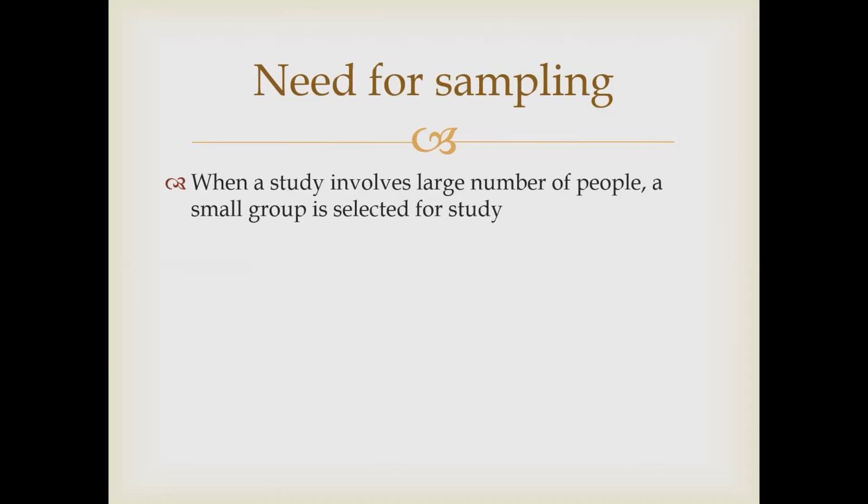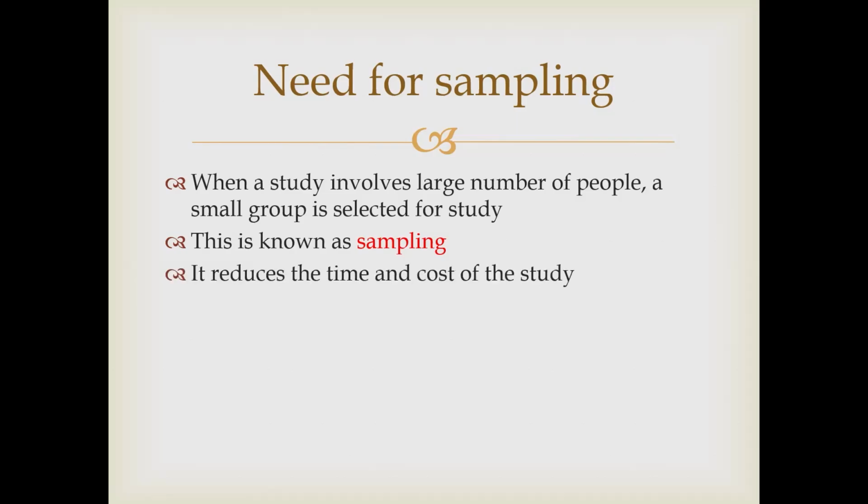Supposing you are making a study about the commercial bank employees of Kerala. It's a large number of people, so many banks, so many branches, so many employees. So then what we do is we select a small group for the study. And that's what is known as sampling. Selecting a small group for studying the larger group is called sampling.